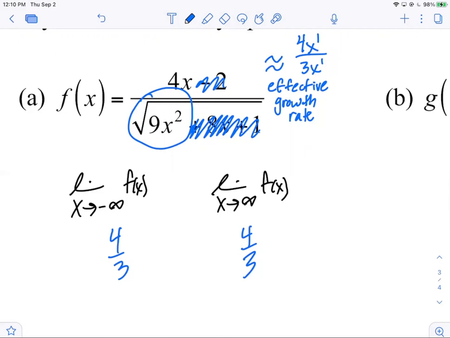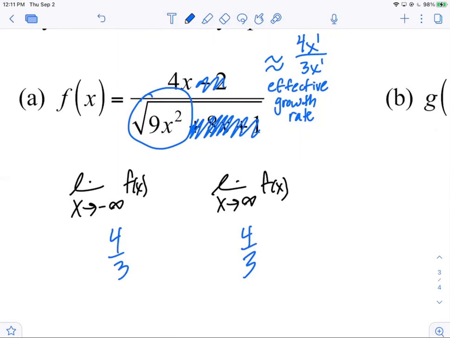So when you see the square root, it should be kind of, you know, alert, alert, alert. We have one of these eternally optimistic, cheerful, always positive things happening. So how do we know which is which? You have to get the number first, like we just did, using the effective growth rate. And then step 2, you come back and get the sign second.